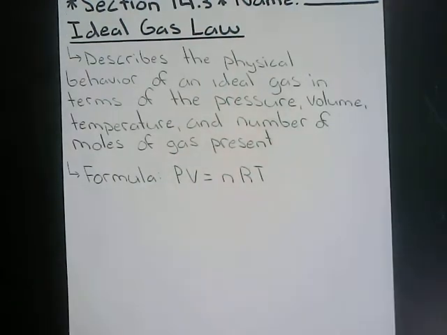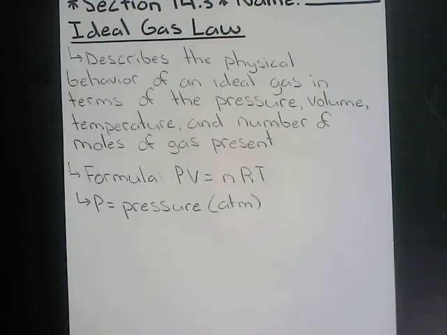Now let's go over what each of these variables are and what unit they need to be in. P stands for pressure, and it needs to be in units of atmospheres or ATMs. The V stands for volume, and it needs to be in units of liters.